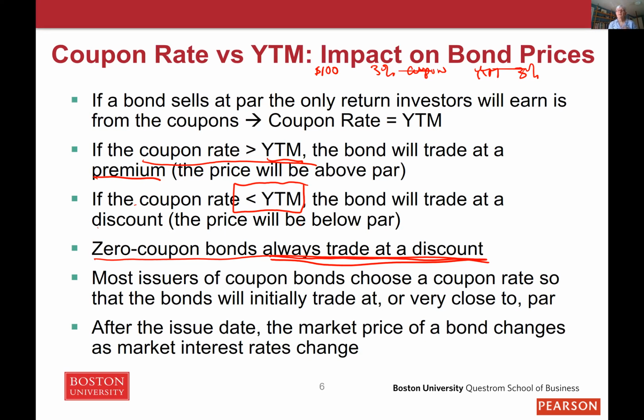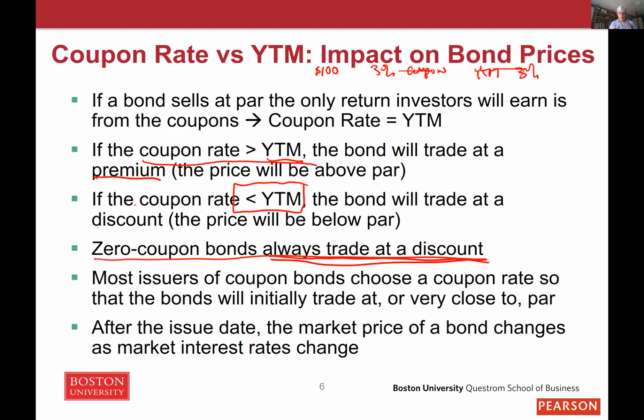We could be buying a bond in the market today that was issued 20 years ago. If you remember when we talked about yield curves on Tuesday, and we showed you those graphs for 2006, 2007, 2008, the interest rates were really different at those different points in time.